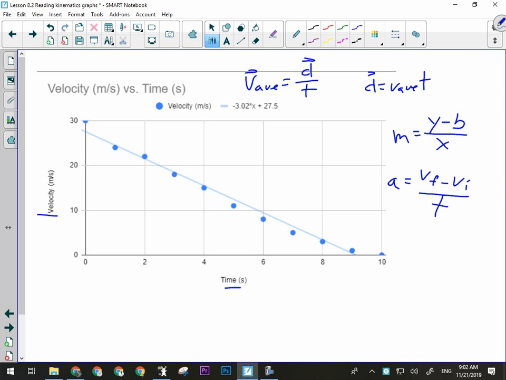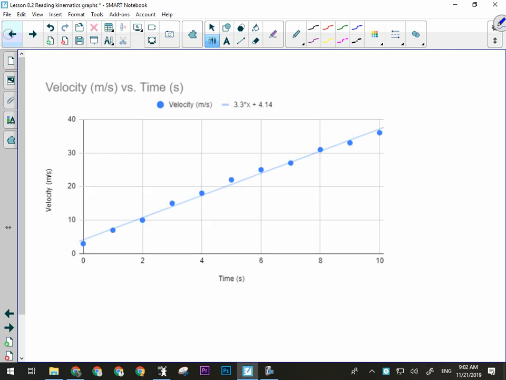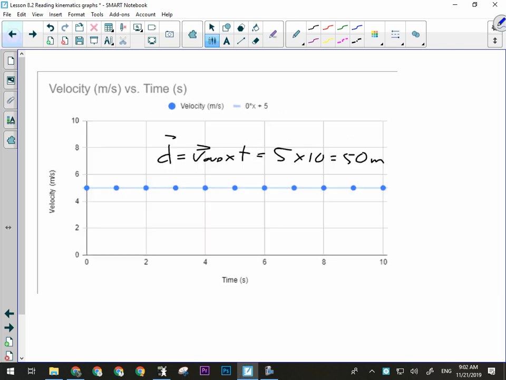If I have a graph where the object is traveling at a constant speed, that's pretty easy, because its constant speed is also its average velocity. Everybody okay with that? Right? And I just take the average velocity and multiply by time, which is the area of that rectangle.